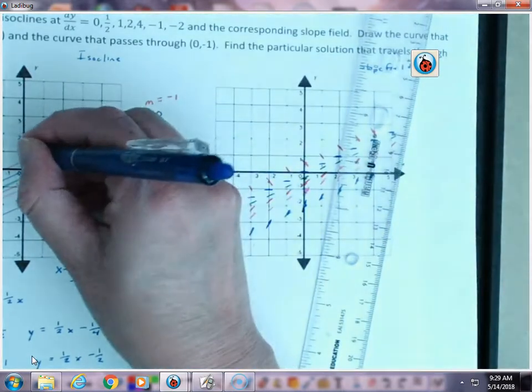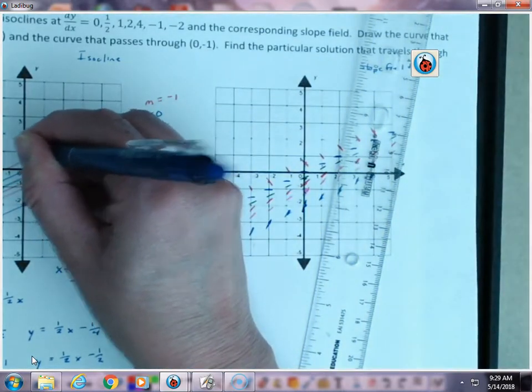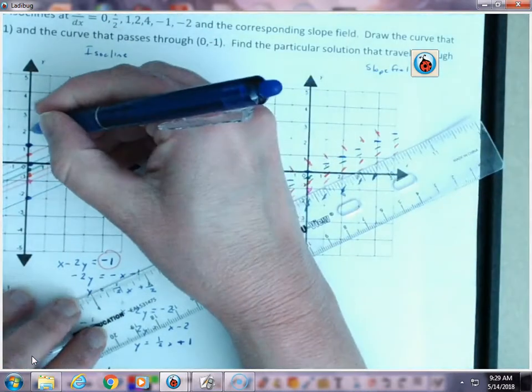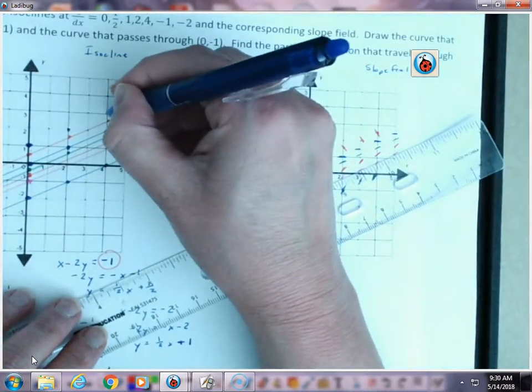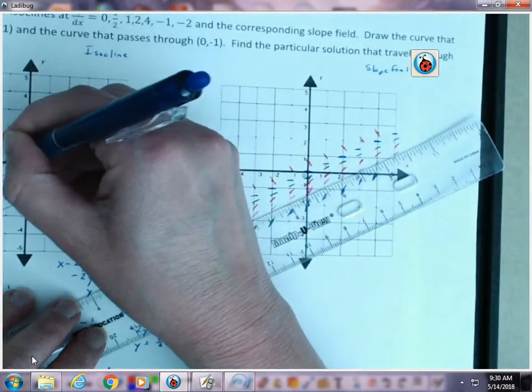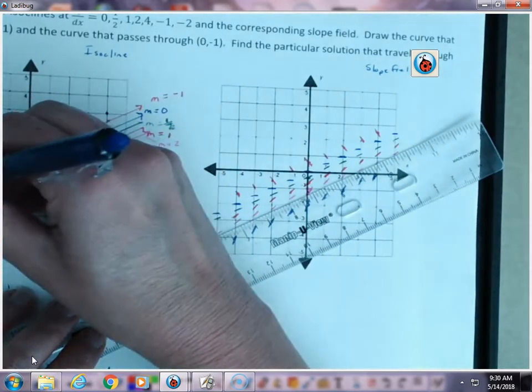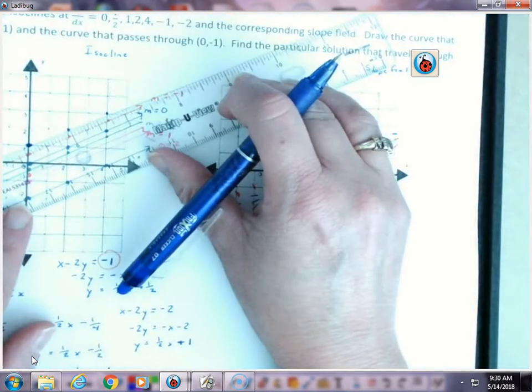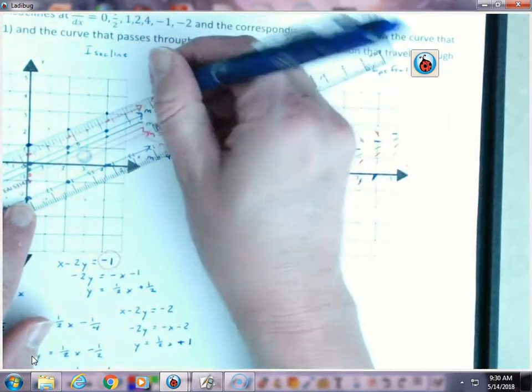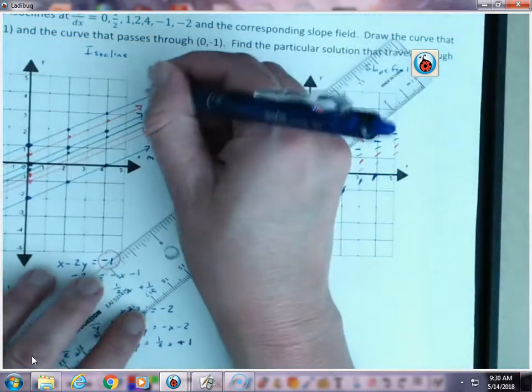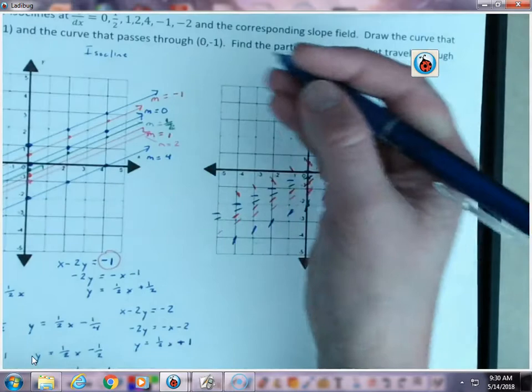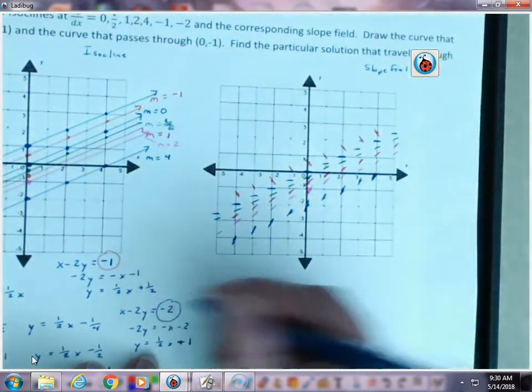Okay, so a y-intercept of 1 over 2. And all along this line, you have a slope of -2.